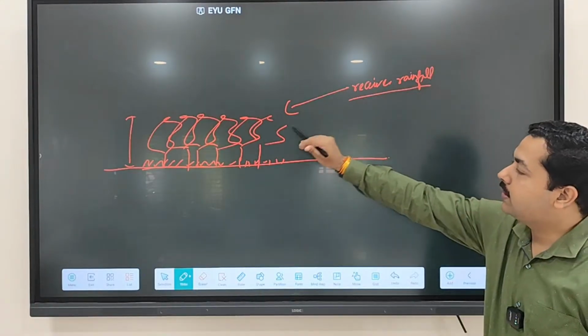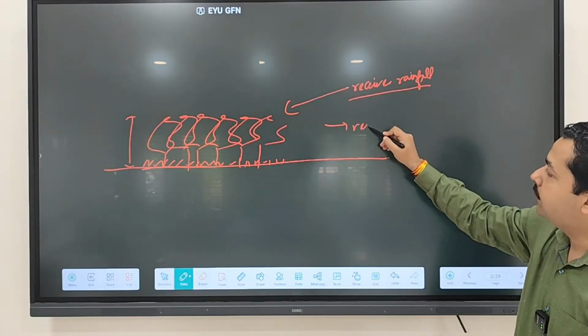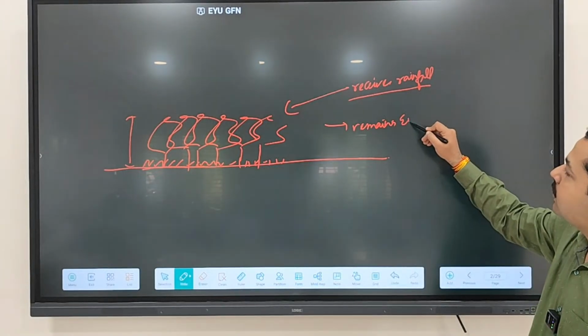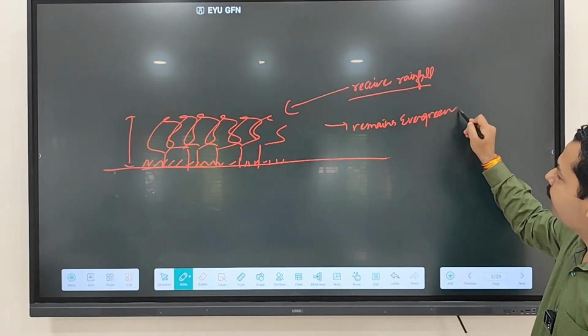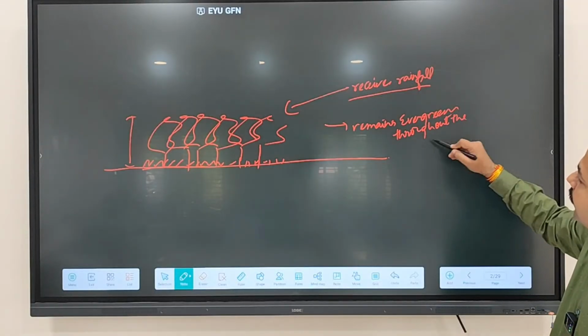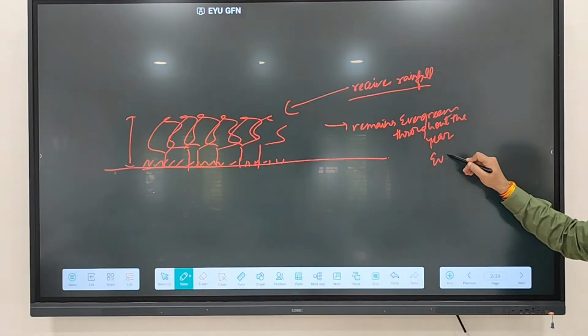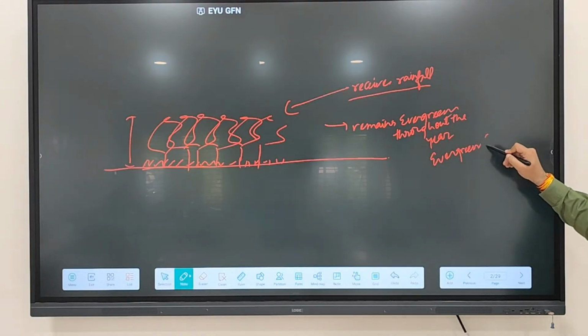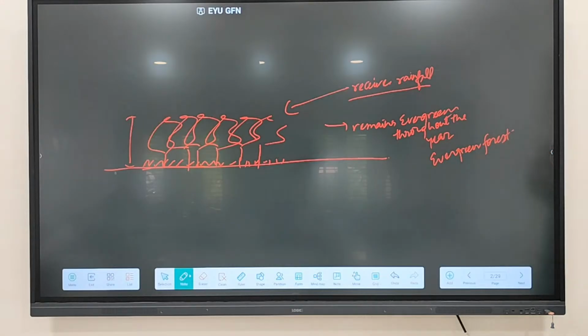As a result, these types of forests remain evergreen throughout the year. That's why they are also referred to as evergreen forest. These forests remain green throughout the year because of the dense canopy and huge vegetation. They receive ample rainfall, and that's why they are also called evergreen forest.